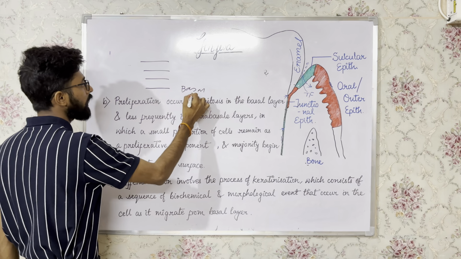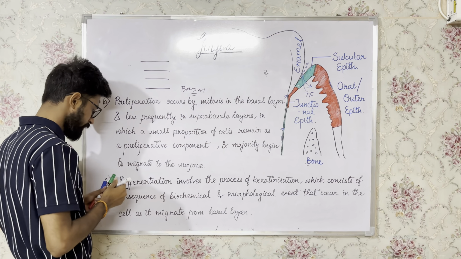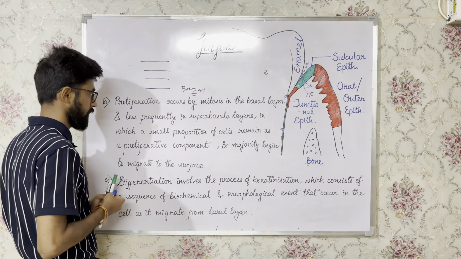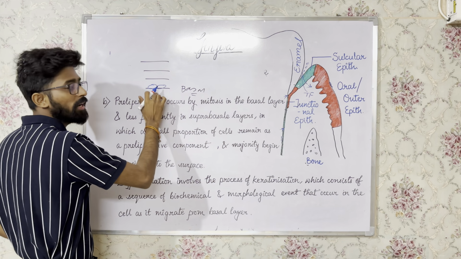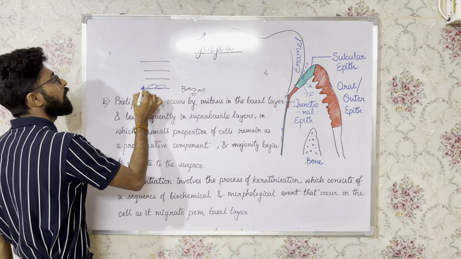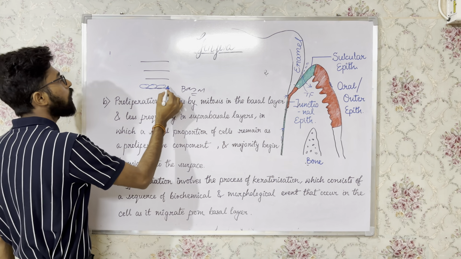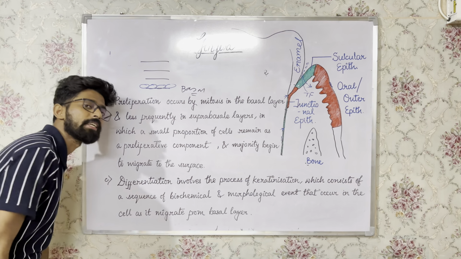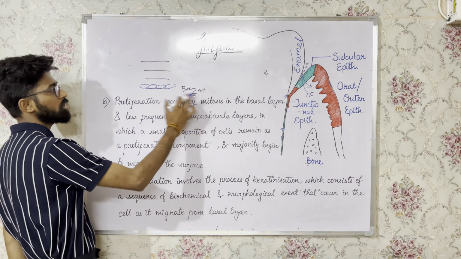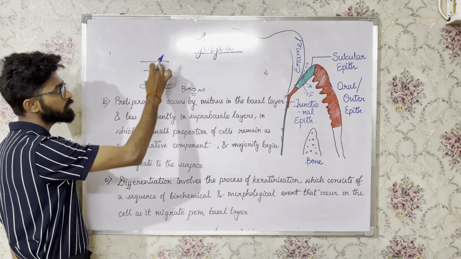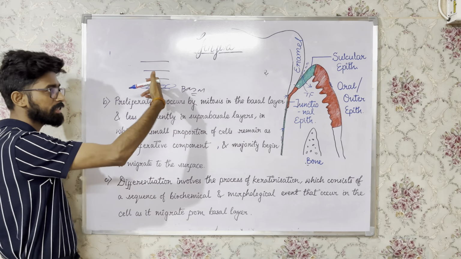Now what happens, suppose there are 2 cells here. These 2 will undergo mitosis and each cell will form 2 identical daughter cells. So there are total 4 cells. Now what this line is saying, that proliferation occurs by mitosis in the basal layer and less frequently in the suprabasal layer. It is clear here.